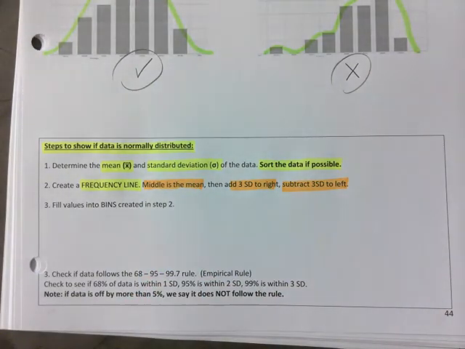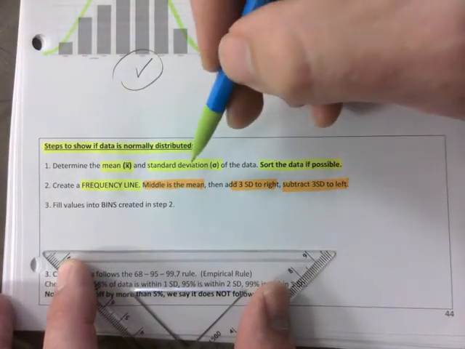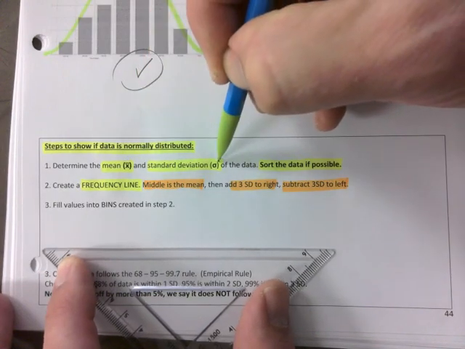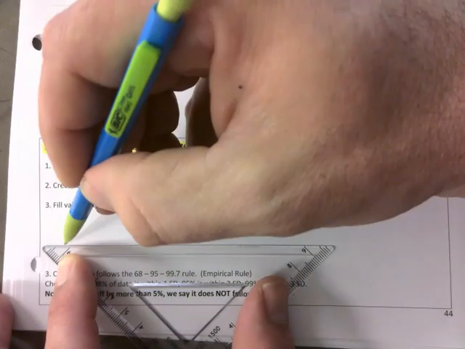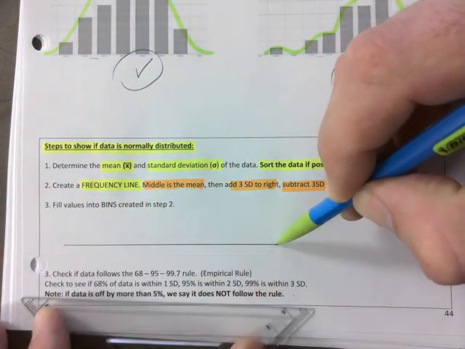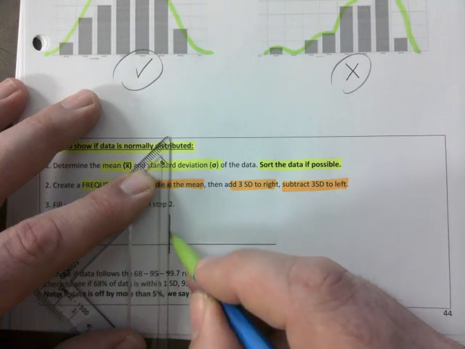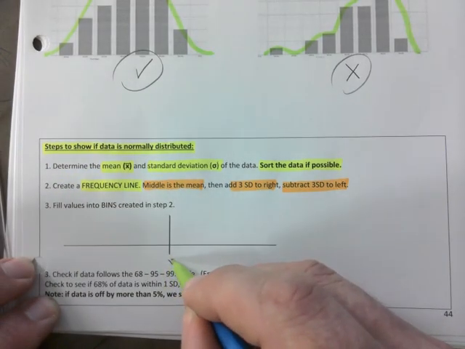So here's where you want to grab a ruler, or you don't have to, but try to make a straight line. So basically what I do when I have my mean and my standard deviation, this is not to scale. I'm not drawing this to scale. Okay? You simply want to have a line and you want to have bins. The middle right here is going to be the mean.